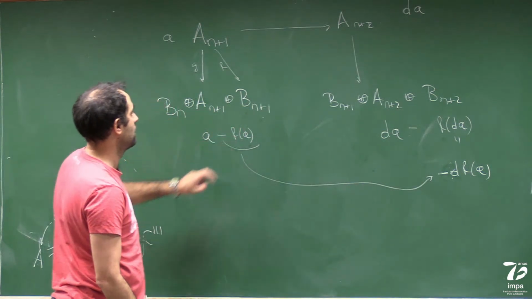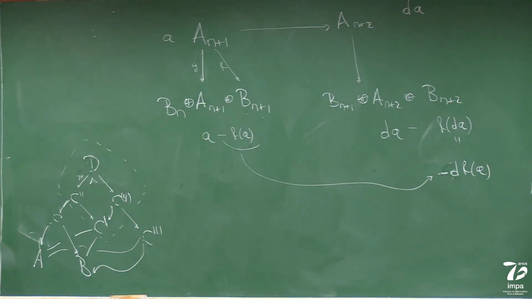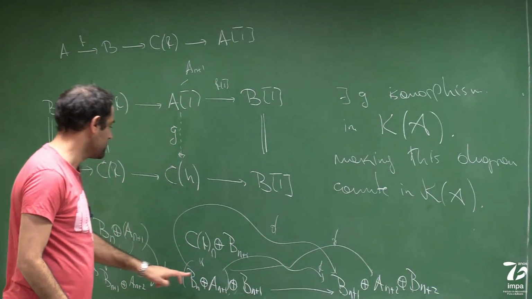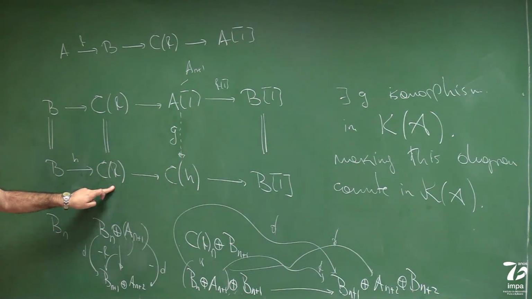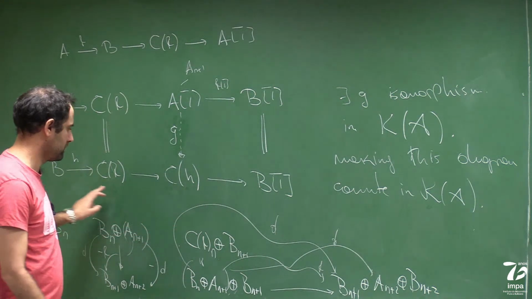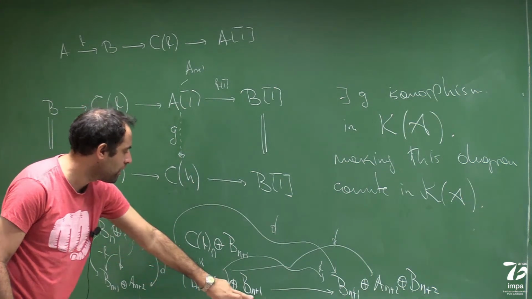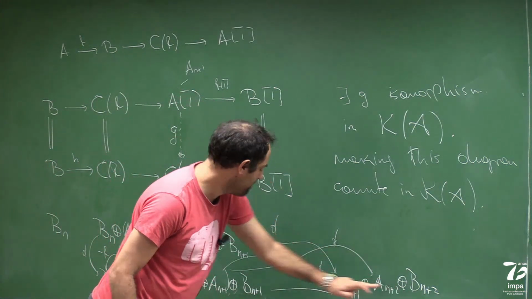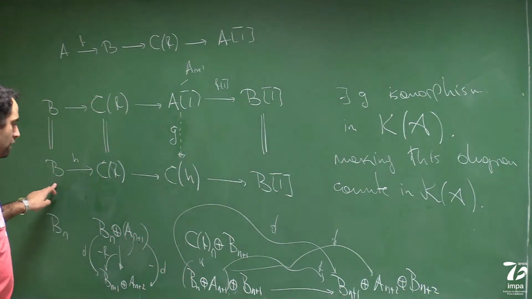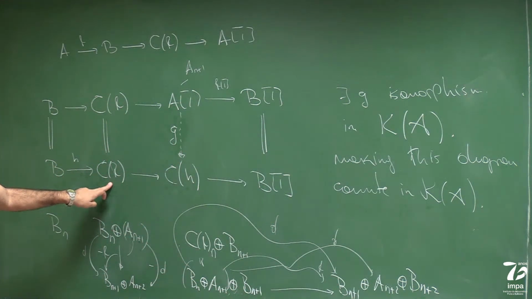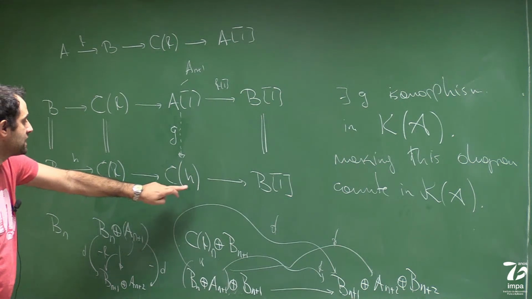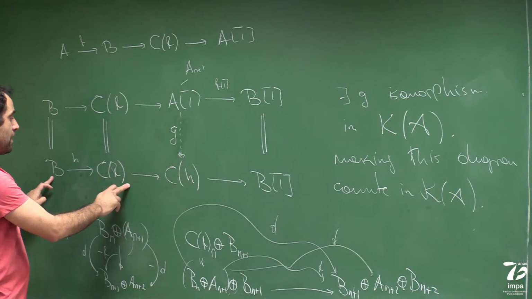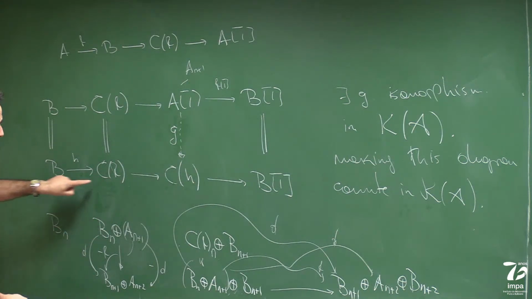Plus, I need to look at the map from Bn plus 1 into the cone of F. So I need, remember that the differential on the cone, on this guy, is d plus the inclusion of this Bn plus 1 into the cone of degree n plus 1. And this is just the map H. This is the cone of H. And the map H, well, I need to describe what the map H is.